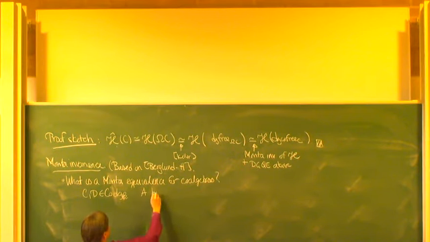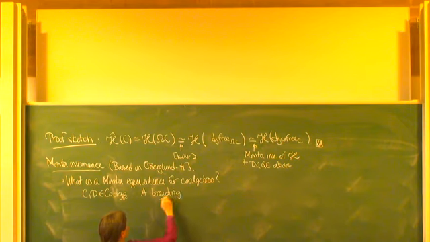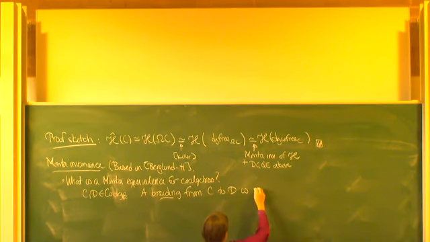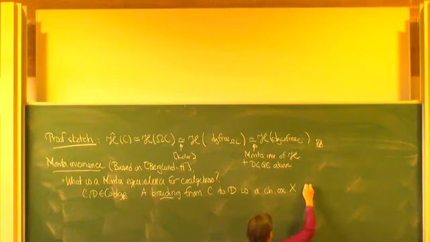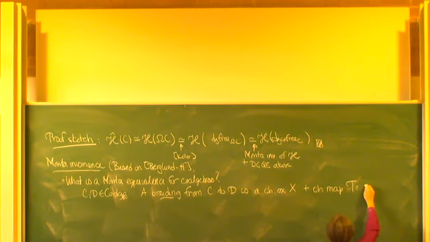So a braiding from C to D is a chain complex X plus a chain map T from C tensor X to X tensor D, which is supposed to be appropriately compatible with the comultiplication on C and the comultiplication on D and their co-units.